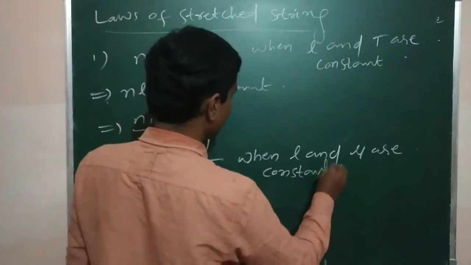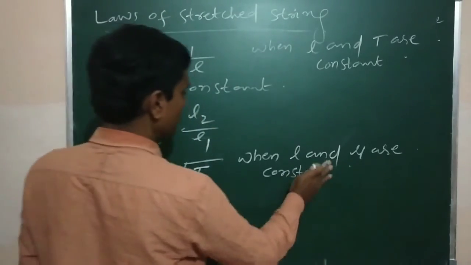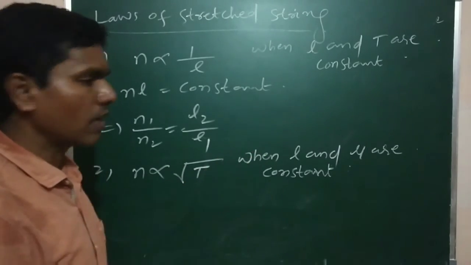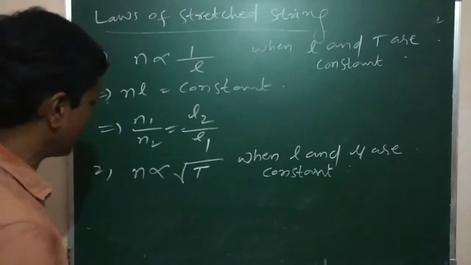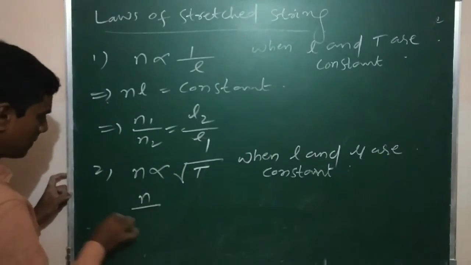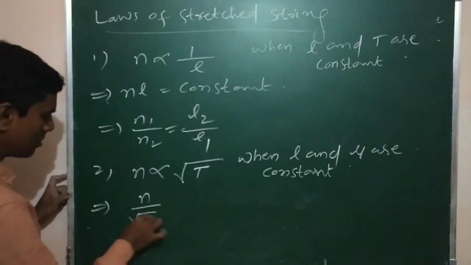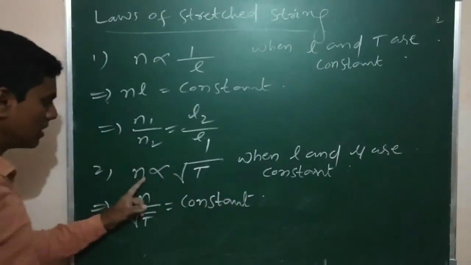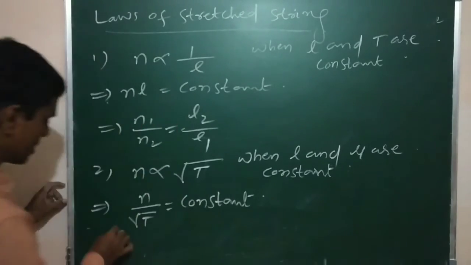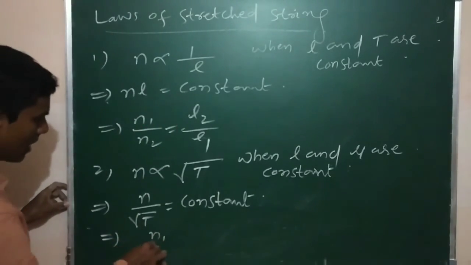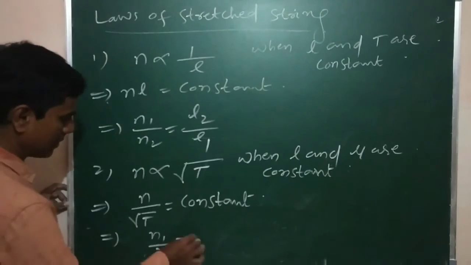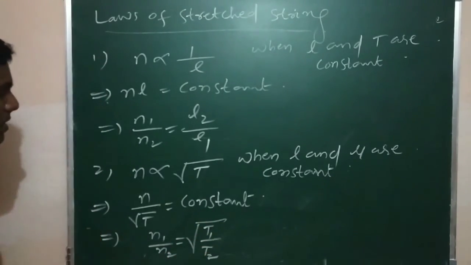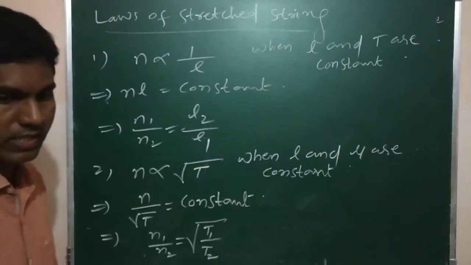When length and linear density are constant, we can write n by root T equals constant. This relation can be written as n1 by n2 equals root of T1 by T2. This is the second law of stretched string.